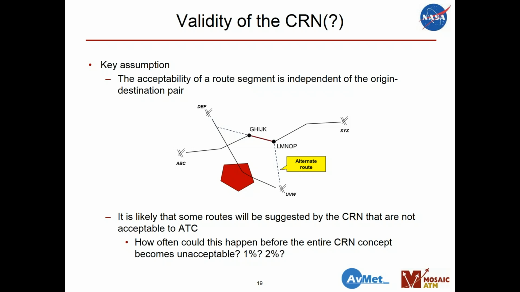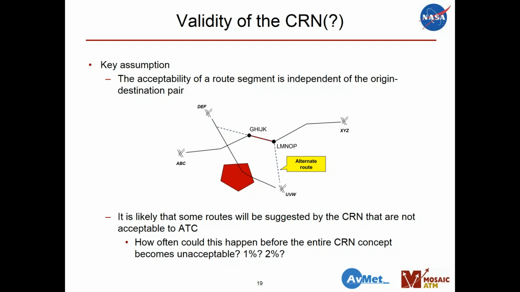Certainly the usage patterns may be different if the jet stream is north or south or for all sorts of different reasons like that. But that's why we look over a very large period of time, and we use a threshold number of operations, again, the assumption that we're making is that if there is enough usage, that route could be used.